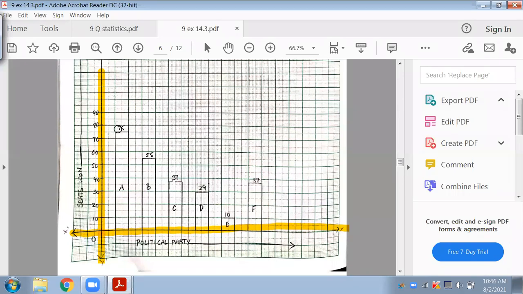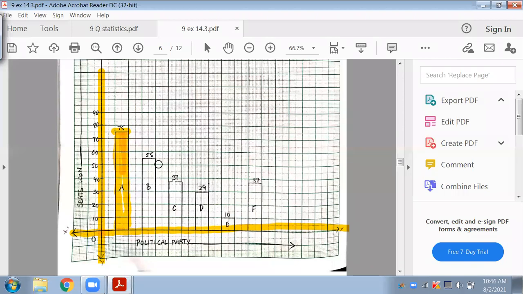That means the middle one will be 75. Then draw the bar till 75. This is the bar for A. Inside the bar you can write A, and on the top you can write the value 75.